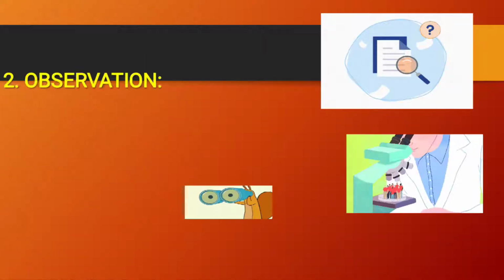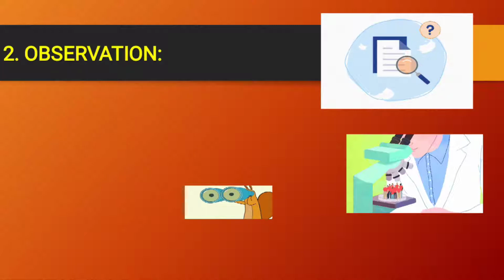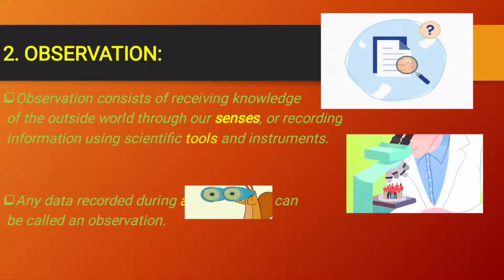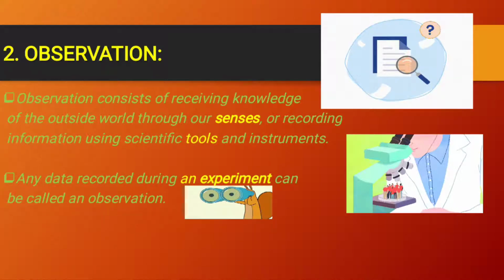The second step of biological method is observation. Observation consists of receiving knowledge of the outside world through our senses or recording information using scientific tools and instruments. Any data recorded during an experiment can be called an observation.